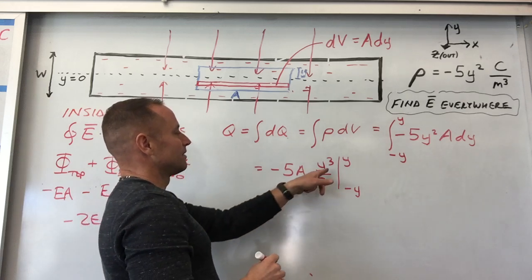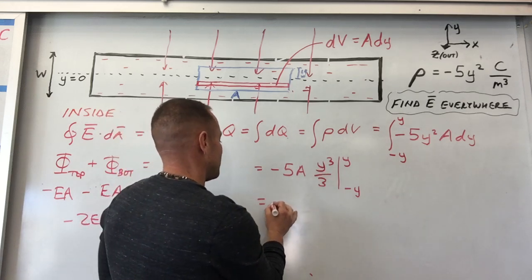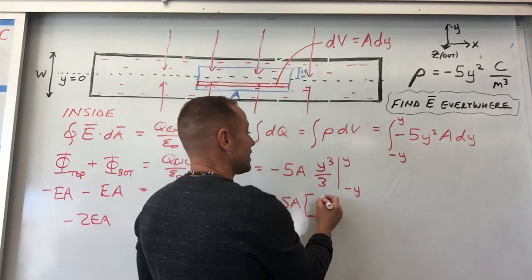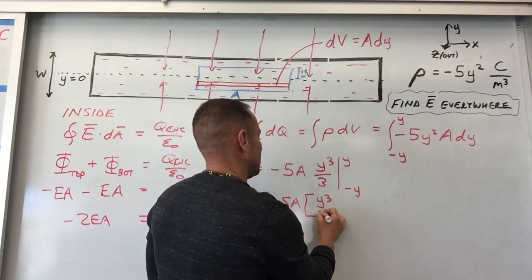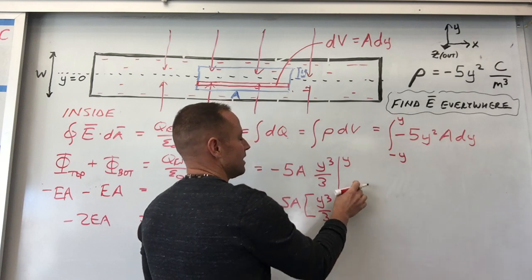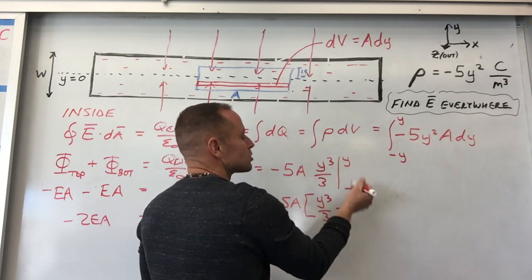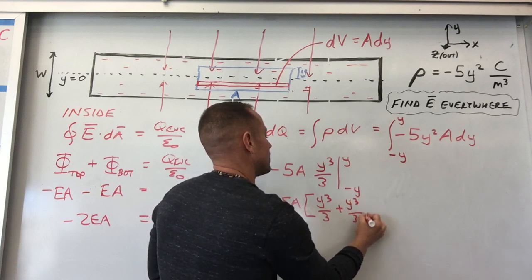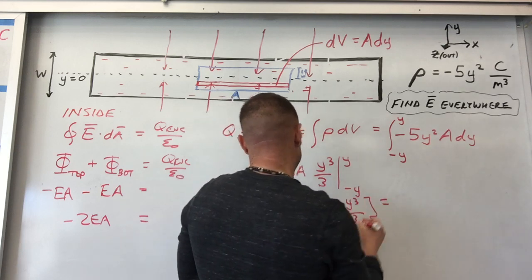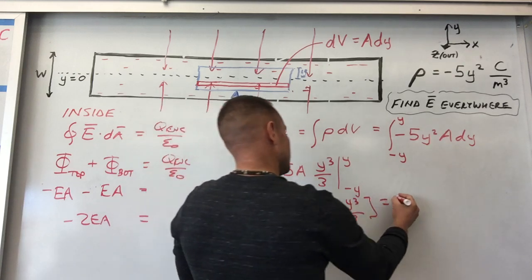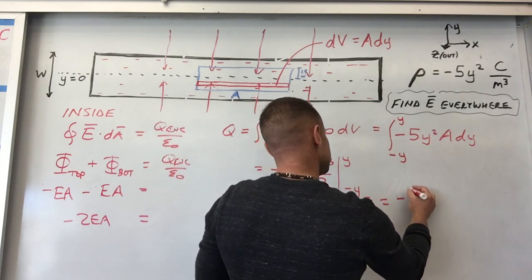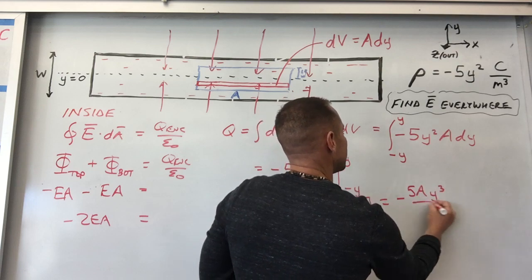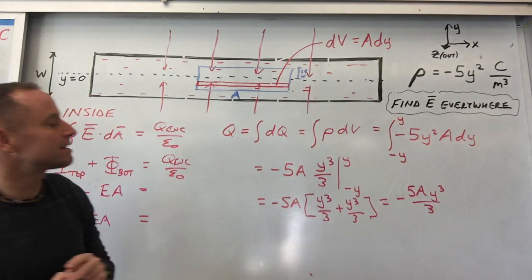So you get minus 5A times y cubed over 3 minus minus y cubed over 3, which gives plus y cubed over 3. So finally, in all its glory, the enclosed charge is minus 5A y cubed over 3. Let's pause to see what that's saying.